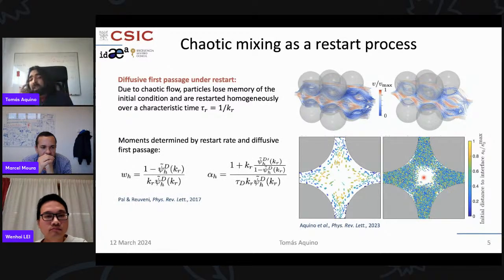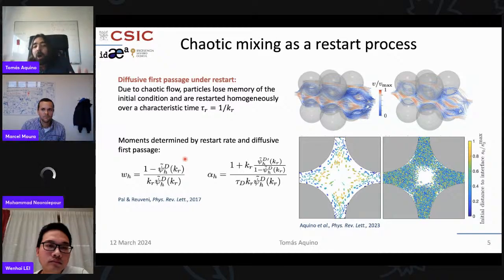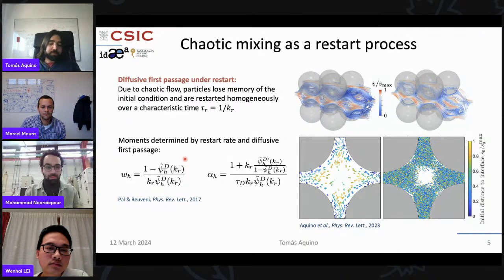So there is theory for this type of process. We can relate these statistics of first passage times to the diffusive first passage time, so without flow again, and a restart rate that we must now model and relate to the flow.